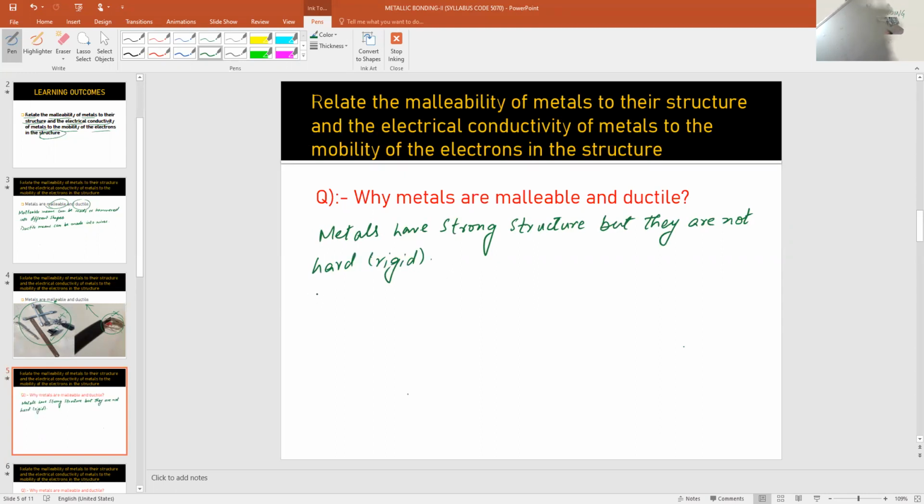Which means when force is applied, atoms can slip or slide over one another.